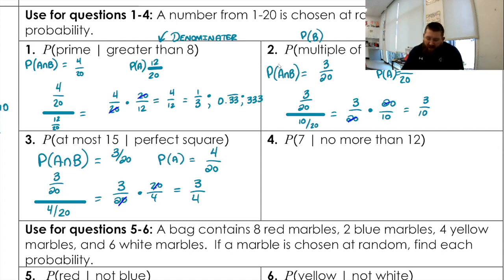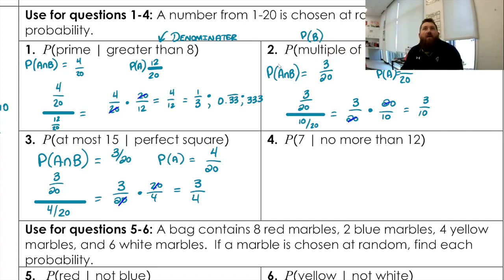So when you look at 4 divided by 12, we know there were 12 numbers greater than 8, and of those 12 numbers, 4 were prime. The same thing occurred in 2. We know there were 10 numbers that were odd, and of those 10 numbers, 3 were multiples of 3.